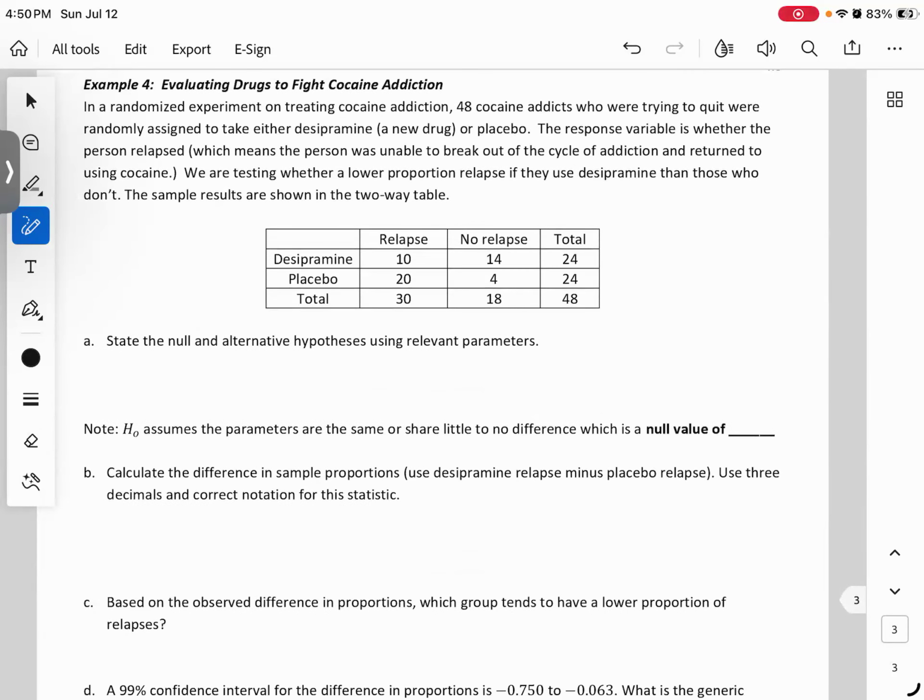Now, I want you to pause the video, and here's what I want you to do during that time: I want you to go and read this prompt. I mean, there's the word with what they're actually testing, or at least give that away. And I want you to use that to write what the HO and the HA for this. Like, what are the two different arguments?